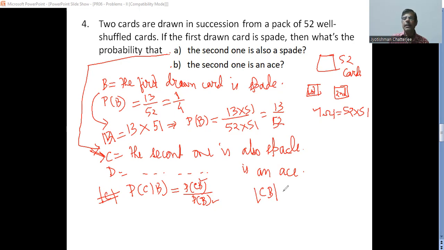The first card can be any of the 13 spade cards. And once that choice is made, the second one can be any one of the remaining 12 spade cards. That's why the size of CB is 13 into 12.